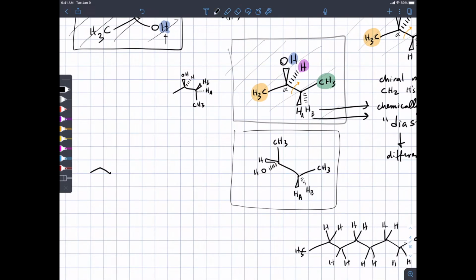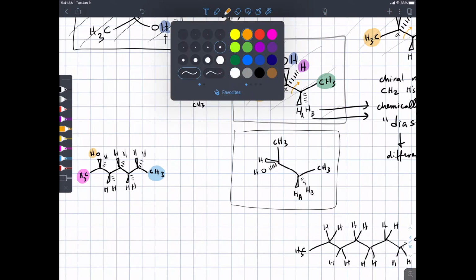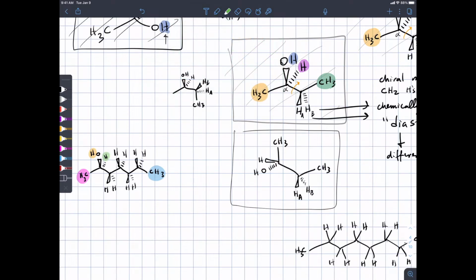So, what if our molecule was like this? You would still technically say that each of these protons on CH2 groups are not identical to each other. Now, the question is, how not identical would they be? Likely the closer you are to the stereocenter, the bigger the difference in chemical shift between your CH2 protons.